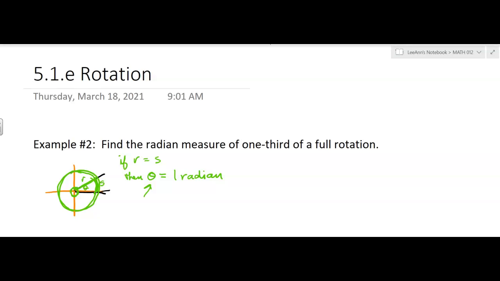So when we want to find the circumference, or a full rotation, that's like the circumference of the circle. So circumference is equal to 2 pi r. So one rotation is 2 pi r.